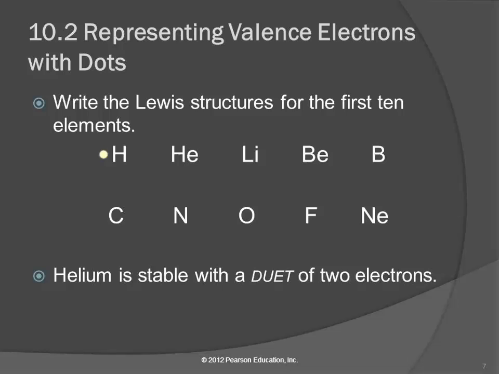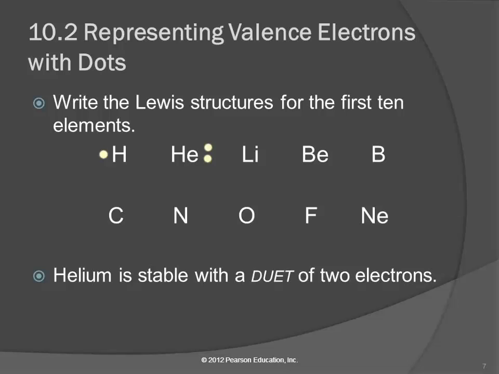No. Just 1, you put it anywhere you want. Now helium has 2 electrons, and helium, we tend to pair those up. I don't know what Mastering Chemistry is going to do about that one. We don't often draw Lewis structures for helium because it doesn't bond with anything. That's because helium only has 2 electrons. They're in the 1s orbital, and they are actually paired.